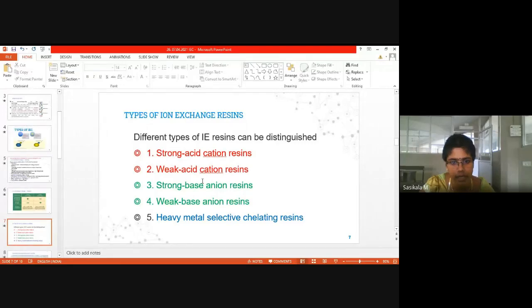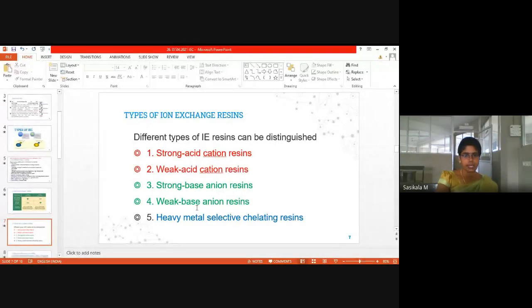In anionic exchangers, it is of strong base and weak base. And apart from this, heavy metal selective chelating resins are also available to selectively separate heavy metals. Okay. Heavy metals will be carrying positive charge. So for selective separation of heavy metals, a separate category of resins is there. Okay, this is a miscellaneous category. We'll be commonly using these 4 categories: strong acid, weak acid, strong base and weak base.